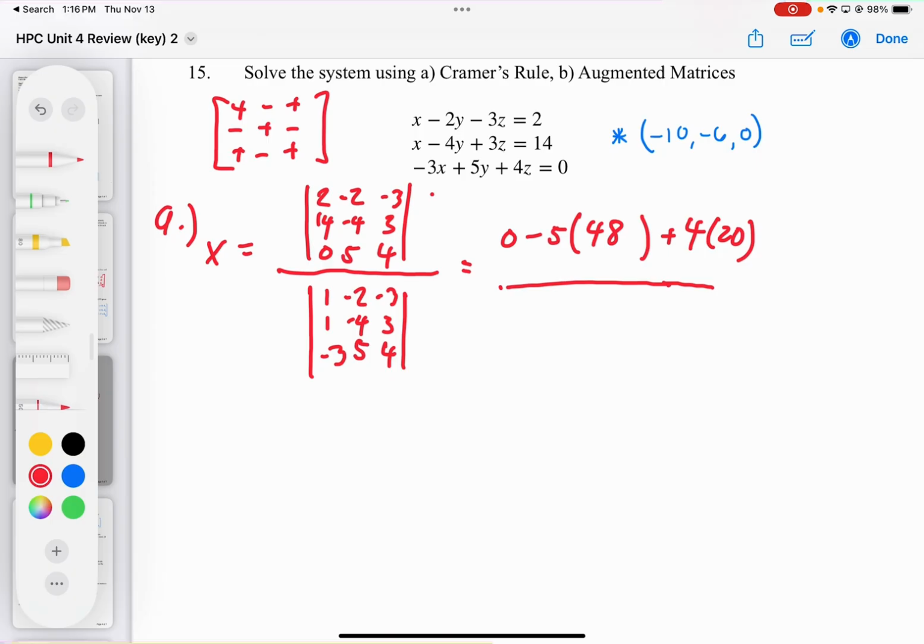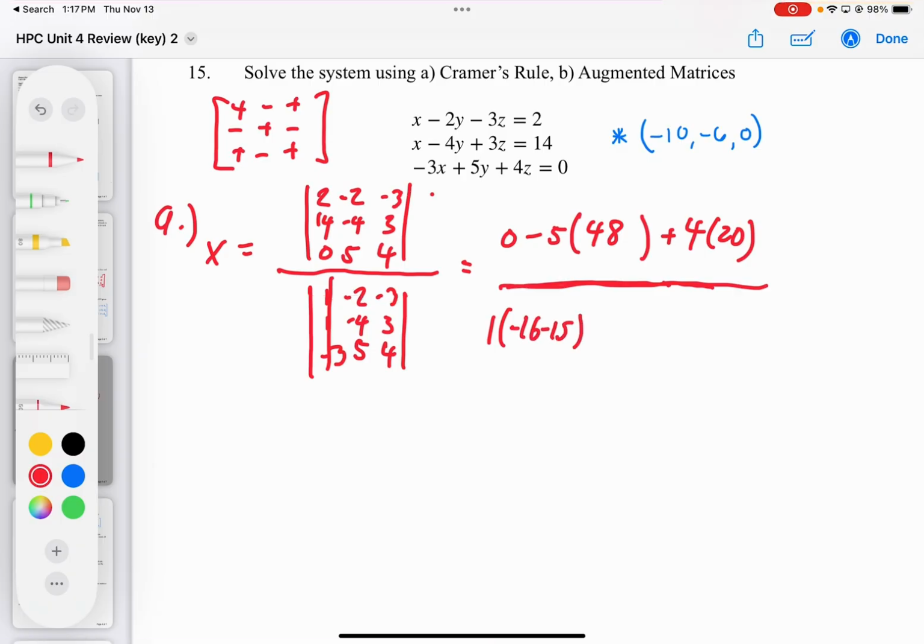Nice. All right, and then the bottom, we got to do expansion by minors again. The bummer is there's no zeros, so there's no making it any easier on us. So in this case, I would probably work the first column. So then I'm going to have 1 times, all right, if I'm doing the first one, I'm doing this. -16 minus 15.